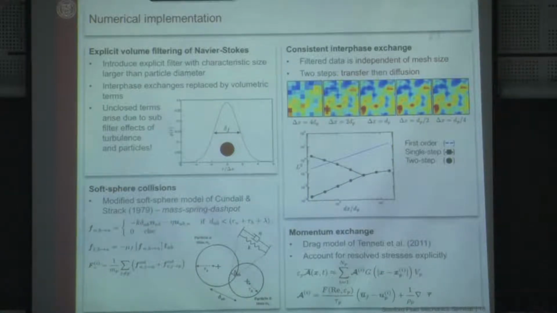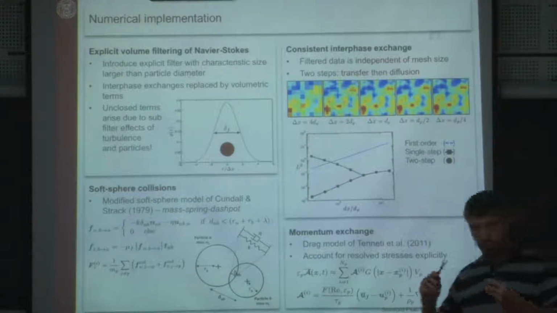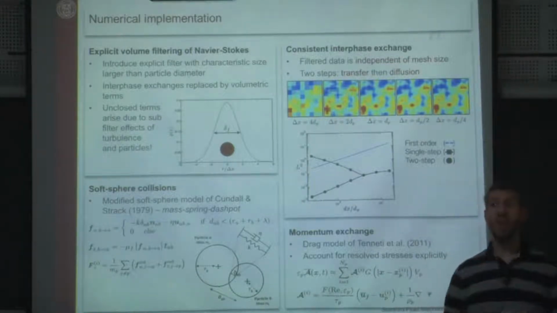How does it work? Well, this is an interesting concept. Now we're saying that each particle should be able to influence a region around itself of a characteristic scale that is set by this filter size, delta F. And we argue that delta F needs to be much larger than the particle size. That means that each particle will have to influence a pretty significant number of grid cells around itself.